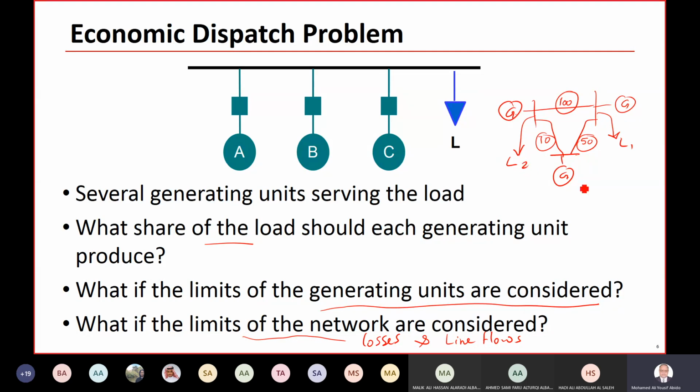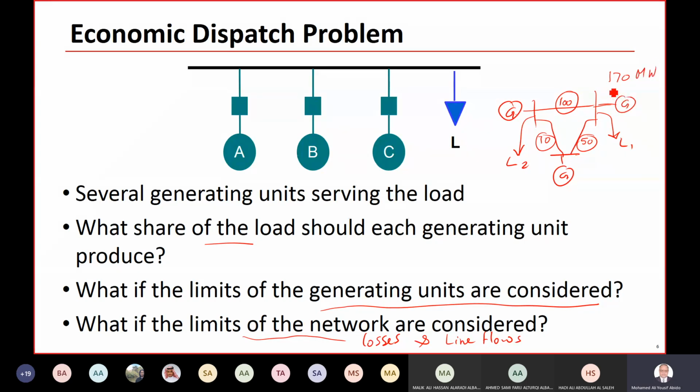Now if you solve the economic dispatch problem and you find this generator, for example, produces, let us say, 170 megawatt.